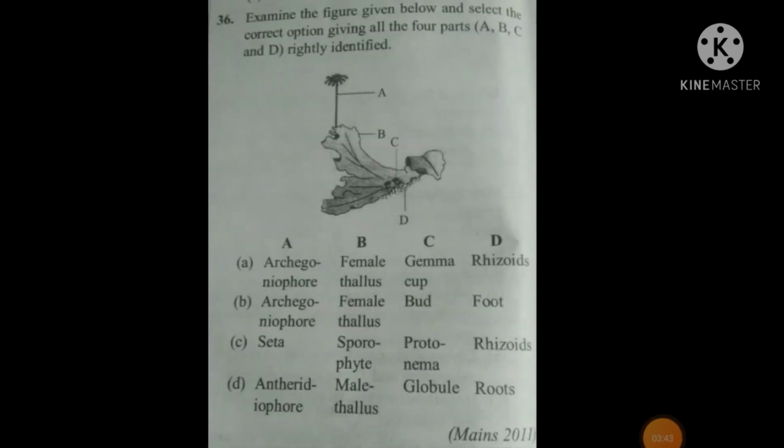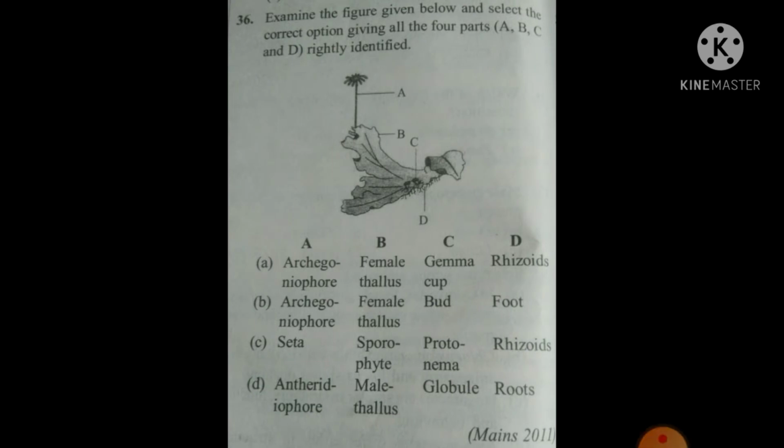Next question. Examine the figure given below and select the correct option giving all the 4 parts A, B, C and D rightly identified. A is Archegonia, B. Female thallus, C. Gemma cup, D. Rhizoids, and option B. Archegonia, female thallus, bird foot, C. Seta, sporophyte, protonema, rhizoids, D. Antheridia, male thallus, globule, roots.